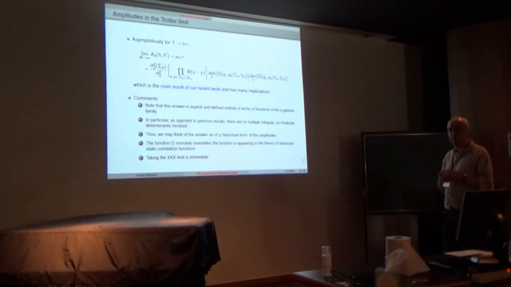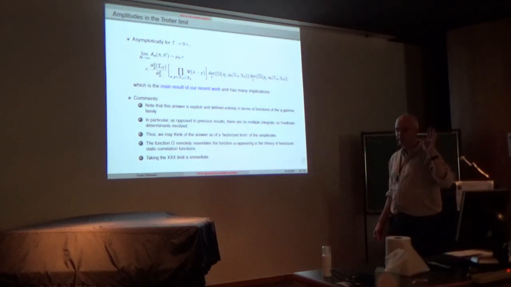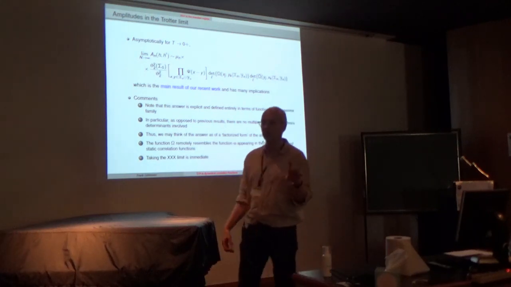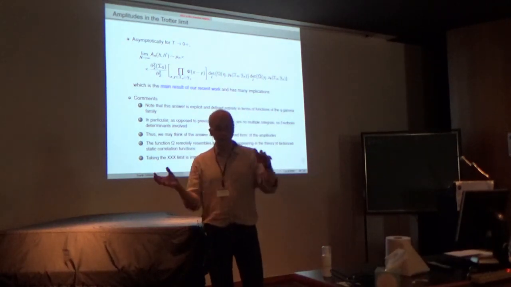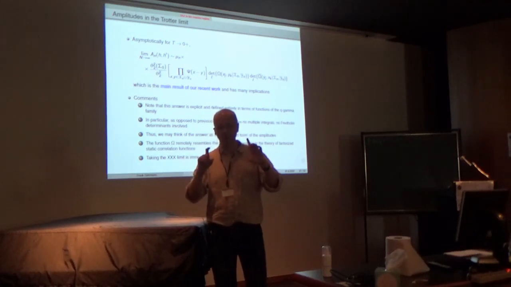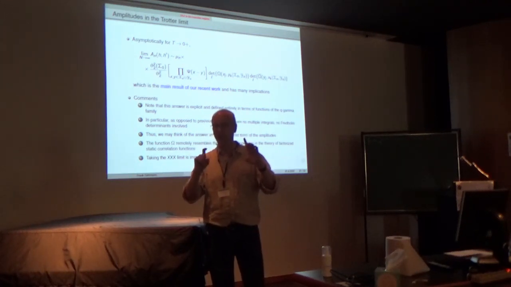I think the main point here is that the Vetter determinants are not gone. We transform them in a way that we have Vetter determinants, determinant of identity plus some integral operator, and we extract some stuff such that the kernel of the integral operator has the property that it goes exponentially to 0 with temperature.